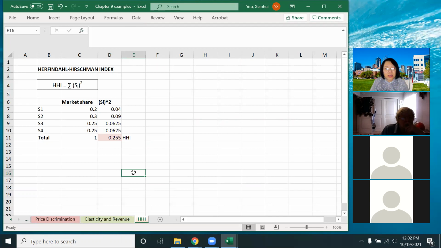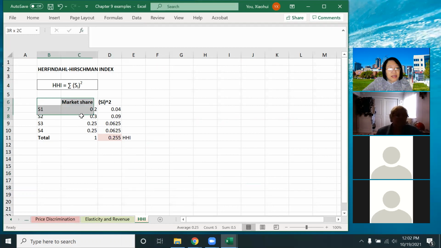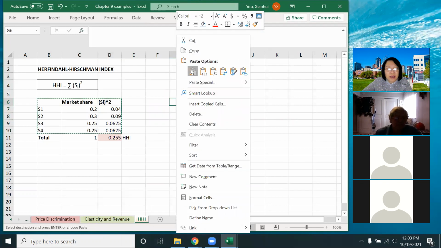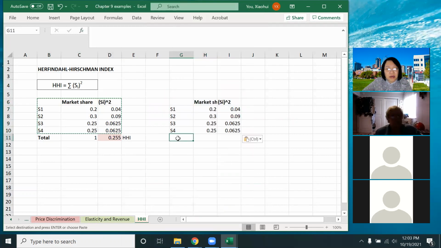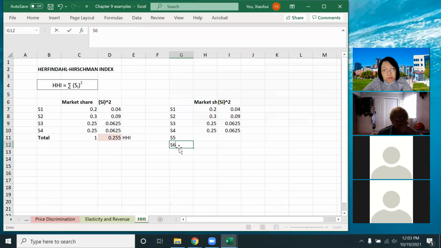Now, let me give you a question. For the same thing, I just calculate, maybe just copy this one here. If now we have 6 firms, and this one, how about we change it to 0.1.